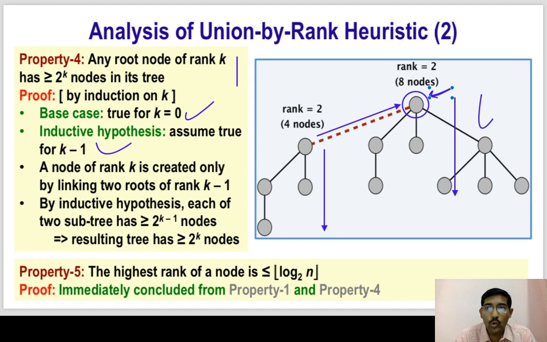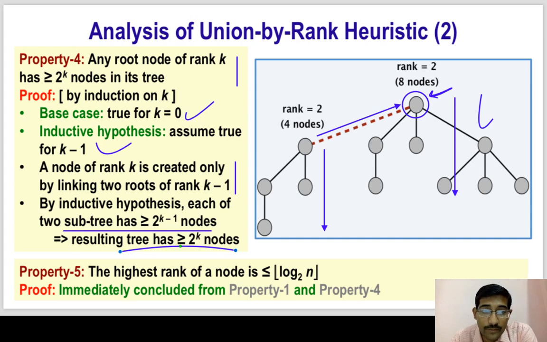So the only time a root node increases its rank is when we try to join two different disjoint sets having the same height. So therefore a node of rank k is only created by linking two roots of rank k minus 1, and by induction each root of rank k minus 1, or the subtree rooted at k minus 1, has 2 to the power k minus 1 nodes. So after union, the resulting tree should also have 2 to the power k nodes. So this concludes the proof.